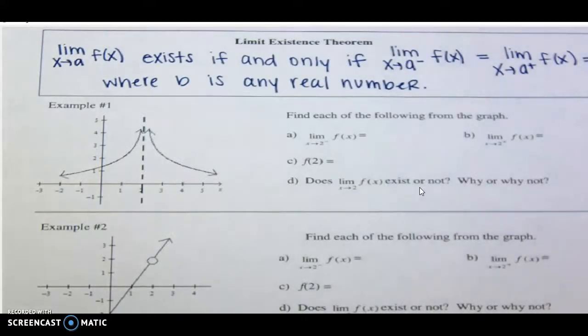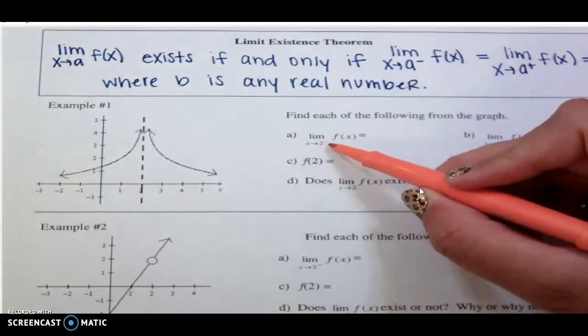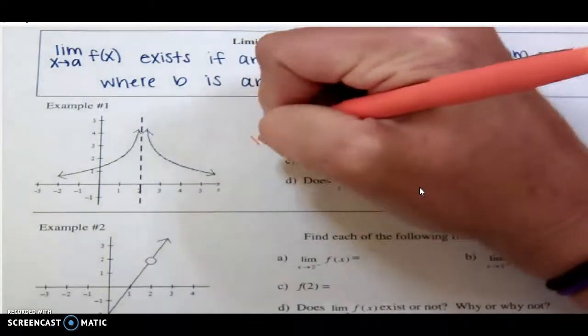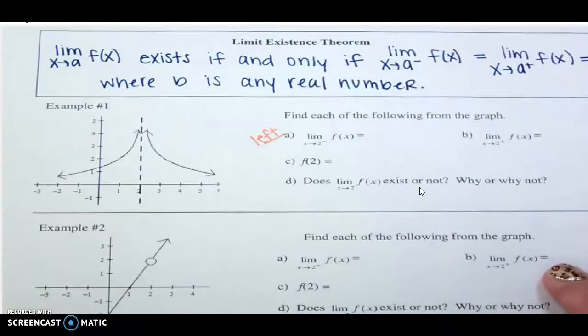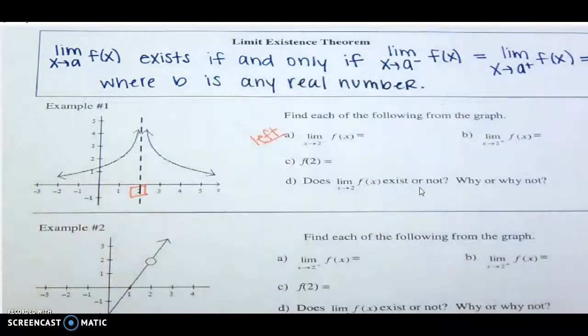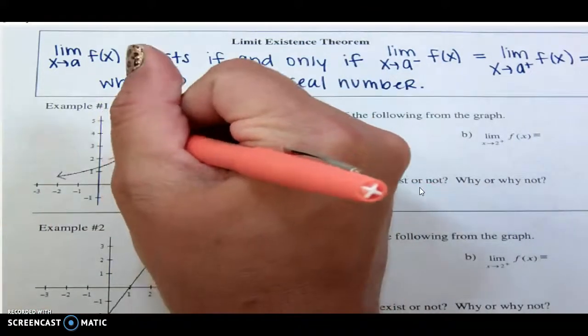So for part A, it says the limit as x approaches 2, and it does have a little minus sign here. So remember that minus sign tells us from the left. Alright, so we're looking at approaching 2. So I'm going to put a box around this 2, just so you know that's what we're trying to approach. And we're coming in from the left. So we start from the left, and we come in from the left side.